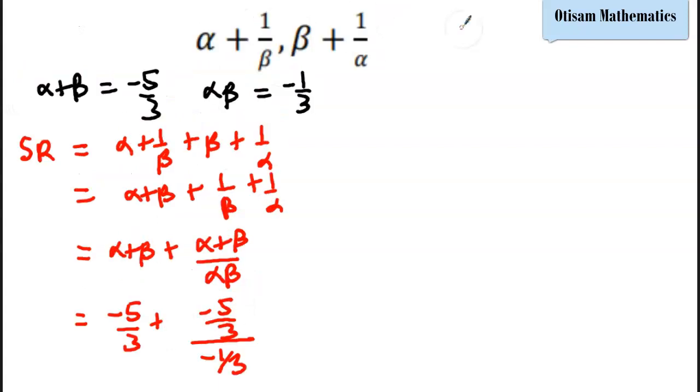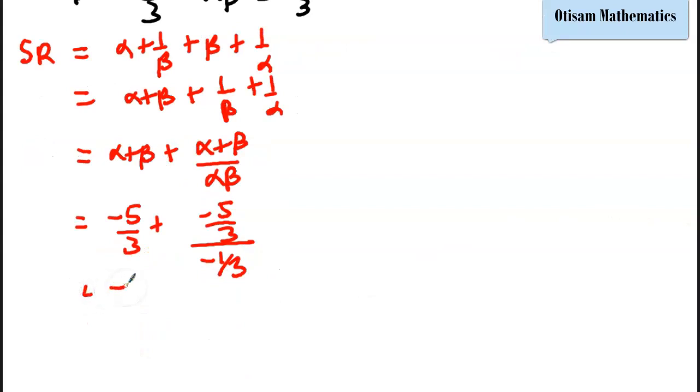Now this, so you have minus 5 on 3 times 3 gets 5. So you have minus 5 on 3 plus 5. So the LCM is 3, minus 5 plus 15, which is 10 on 3.